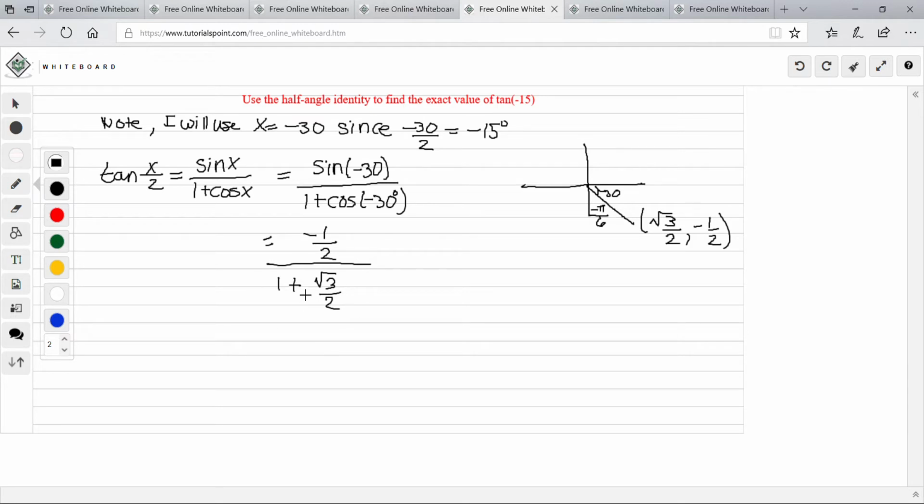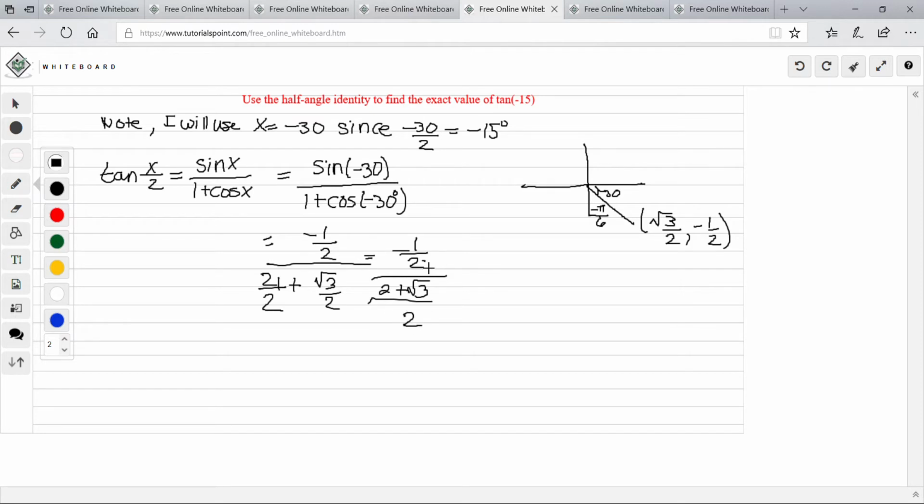Let's focus on the denominator and simplify it. That 1 could be the same as 2 over 2. So on the numerator, we're still left with negative 1/2 divided by 2 plus root 3 over 2.